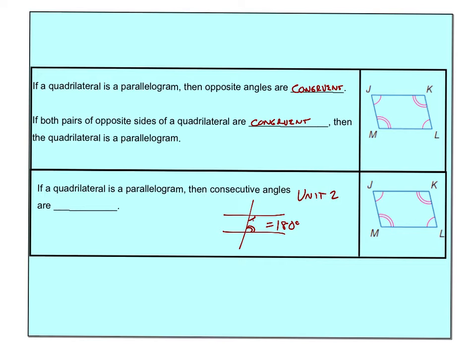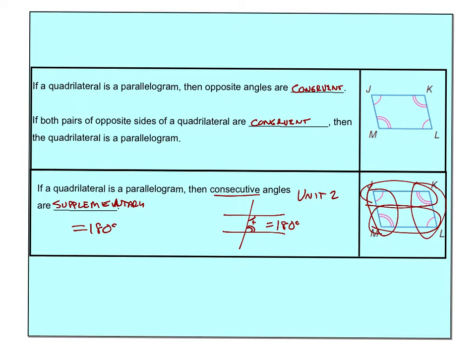Those two angles together equaled 180. They were called consecutive interior angles. So in a parallelogram, if I take any two consecutive angles, any pair of angles that are not across from each other, they should be supplementary. Remember supplementary just means that they add up to 180 degrees.